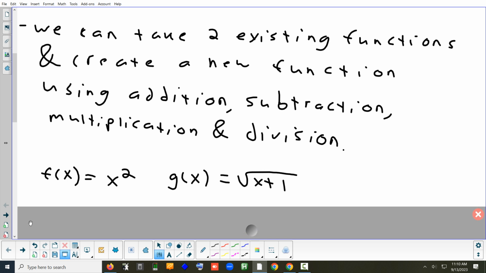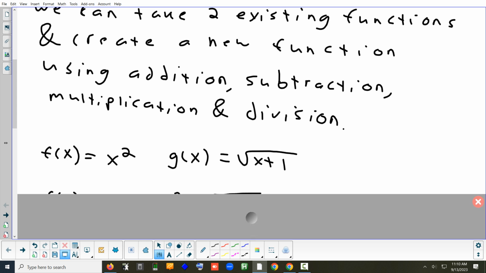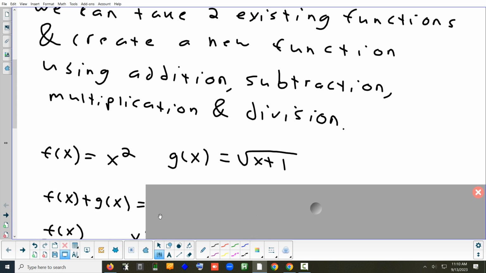To combine two functions together, they'll give you two functions to start with, and then they'll tell you how they want you to combine them. If you're combining functions that have like terms, then you combine them. If they don't have like terms, then you can't really combine and simplify it. You just write it the best you can.